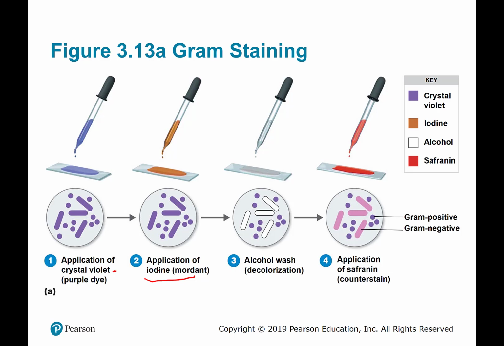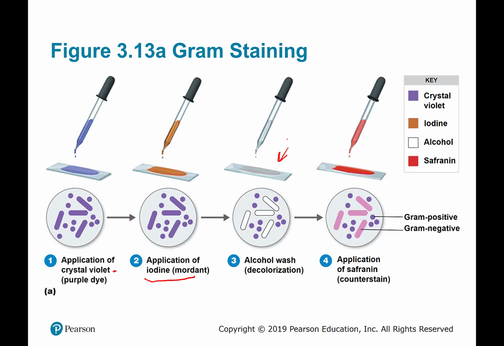After you apply the iodine, you have that complex that forms, and all cells are going to appear purple at this point. The third step is the alcohol wash. So you're going to apply alcohol, after you rinse the iodine off, so any extra iodine that has not complexed with the crystal violet.